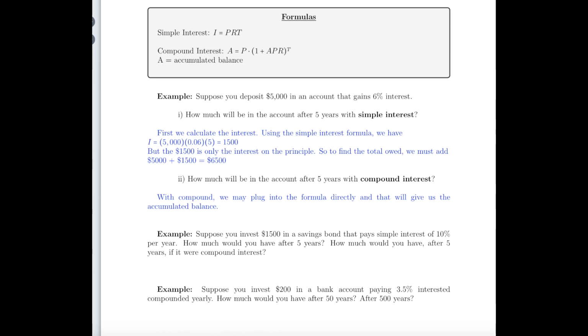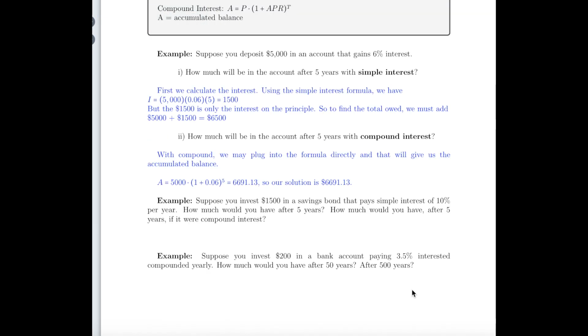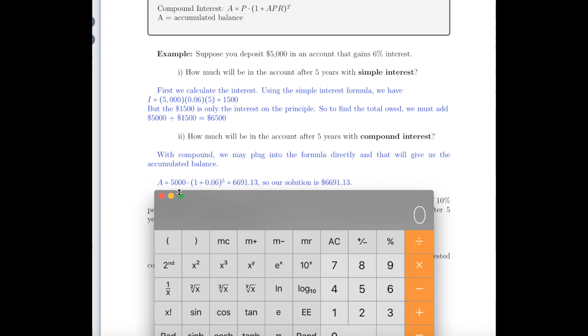So with compound, we'll plug into the formula directly, and that will give us the accumulated balance. The numbers plug directly into the formula, so your principal is still 5,000. That goes here for the P. 1 plus 0.06 to the T, so to the 5. So we have 5,000 multiplied by 1 plus 0.06 to the 5th, which should give us 6691.13.